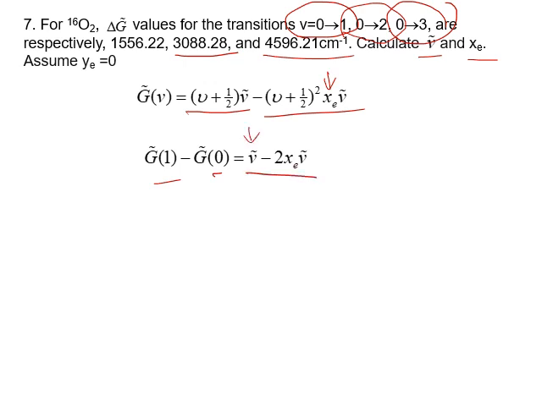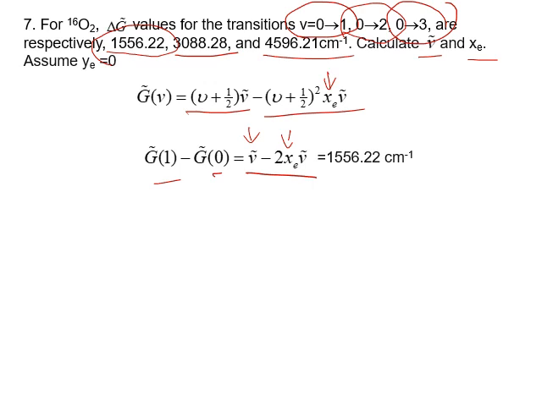This has the natural frequency and anharmonicity constant, so two unknowns, and this can be measured by infrared to be 1556.22. So you have one equation, two unknowns.